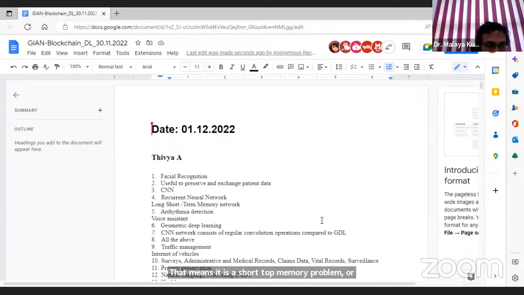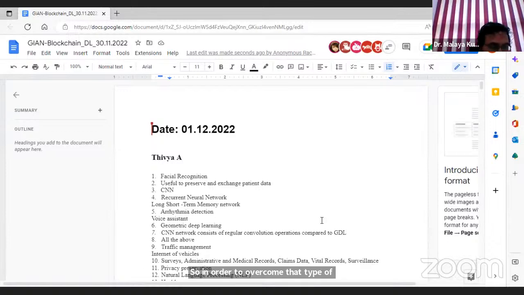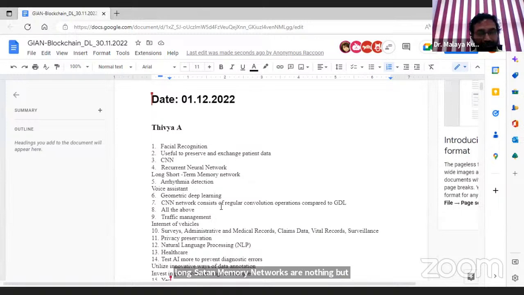In order to overcome that difficulty, people are using LSTM, long short-term memory network, in which there are 3 gates: input gate, forget gate, as well as output gate, whereas GRU, gated recurrent unit, uses 2 gates. So the recurrent neural network as well as the long short-term memory network are nothing but time distributed layers. Next, we'll come to the next question.